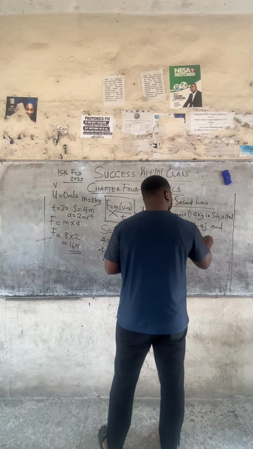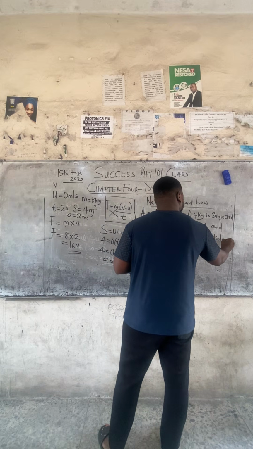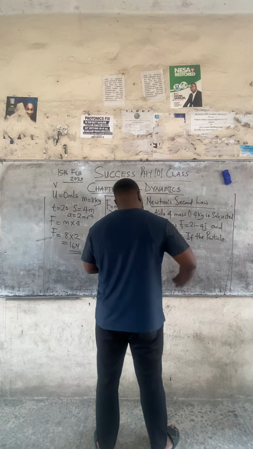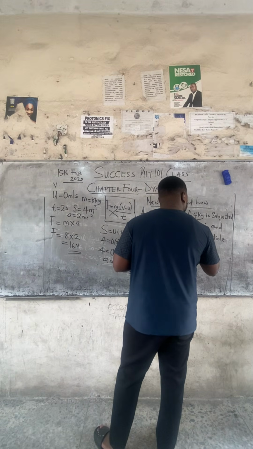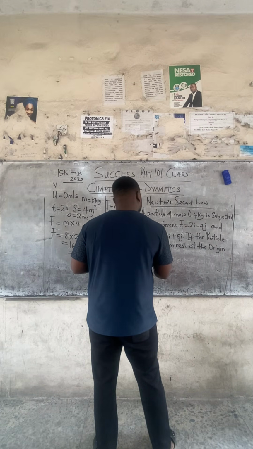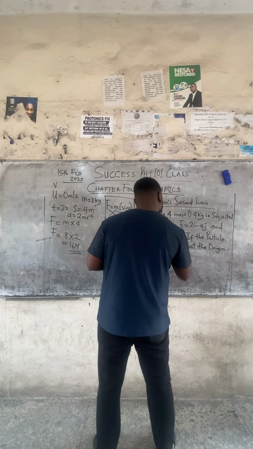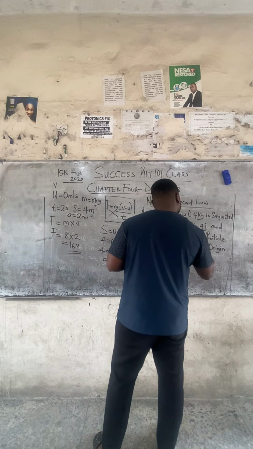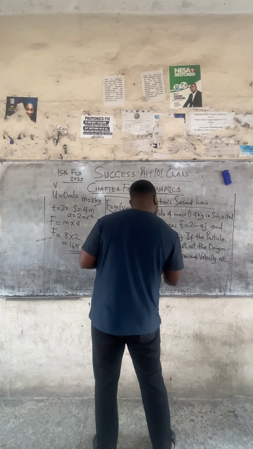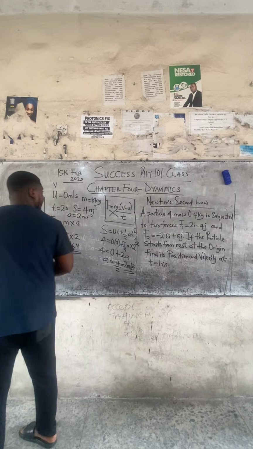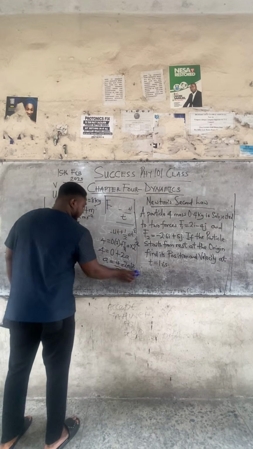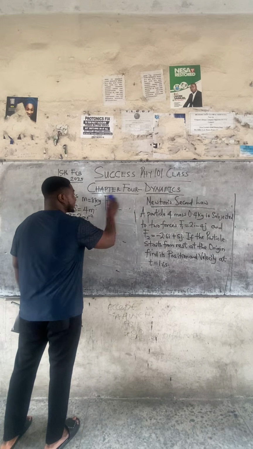If the particle starts from rest at the origin, find its position and velocity at t equals 1.6 seconds. At t equals what? 1.6 seconds.